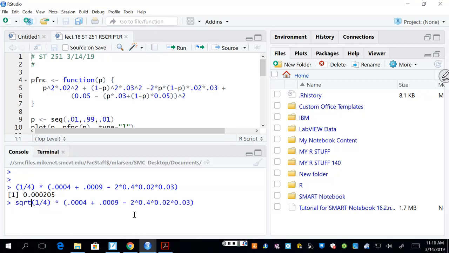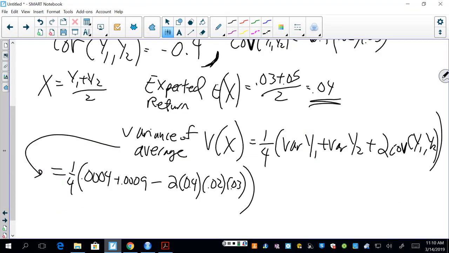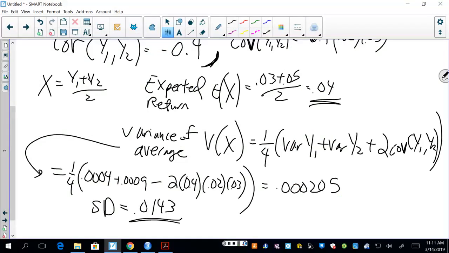And the square root of that will be the standard deviation of this new thing. So it looks like the variance is 0.000205. And then the standard deviation, the square root of that, is 0.0143.